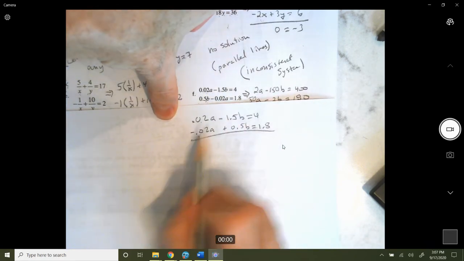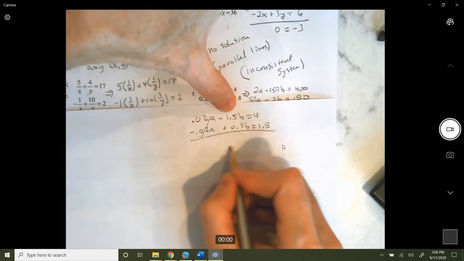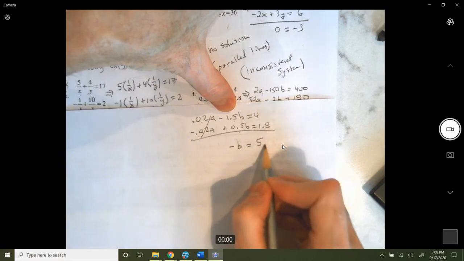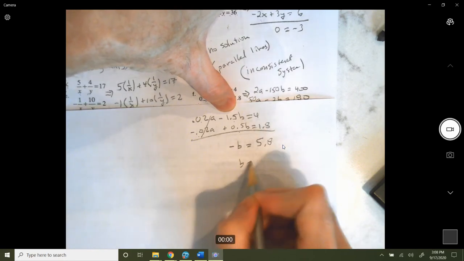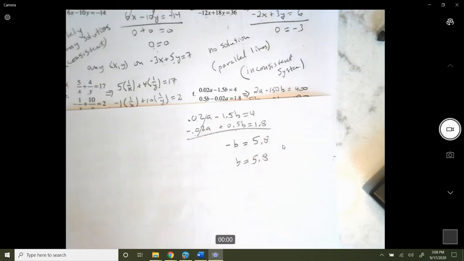Those go away. You've got 0.5b minus 1.5b is negative b equals, add those together, negative 5.8. And what do you know? B equals 5.8, plugging that back in for b.